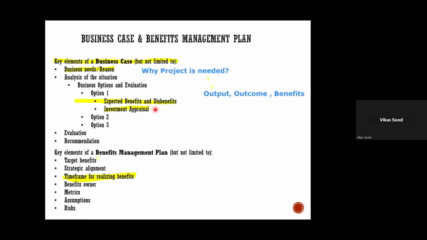No. I was using the words viable, desirable, achievable, and sustainable business case, right? A worthwhile investment proposition. This investment appraisal section tells you whether the project is a worthwhile investment proposition or not, guys.